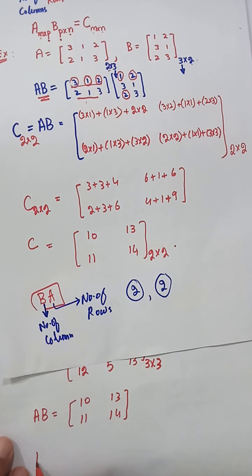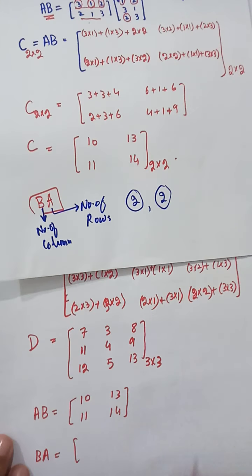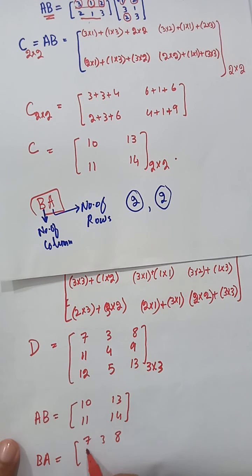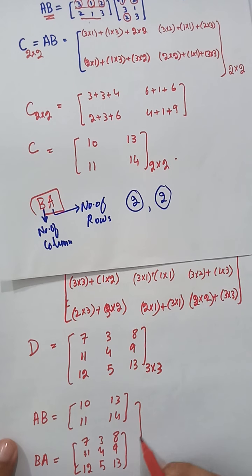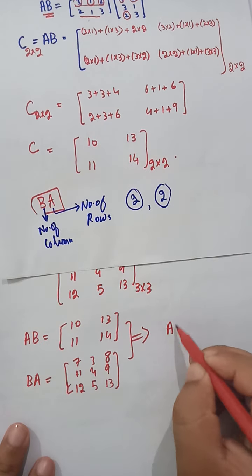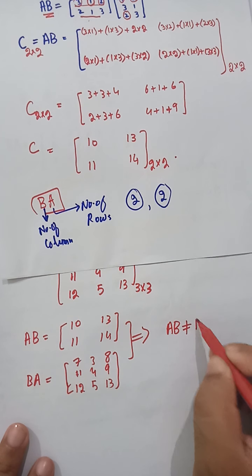And when I multiply B with A, I get this matrix 7, 3, 8, 11, 4, 9, 12, 5, 13. So you clearly see from these two that AB is not equal to BA.